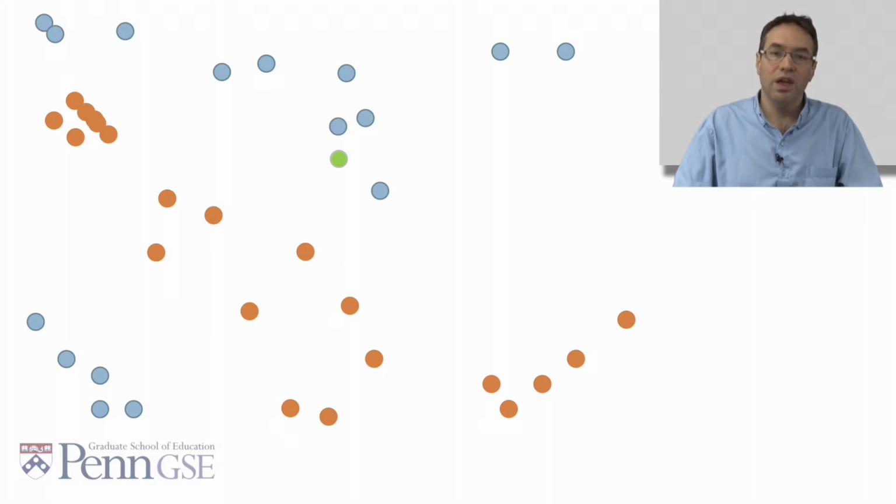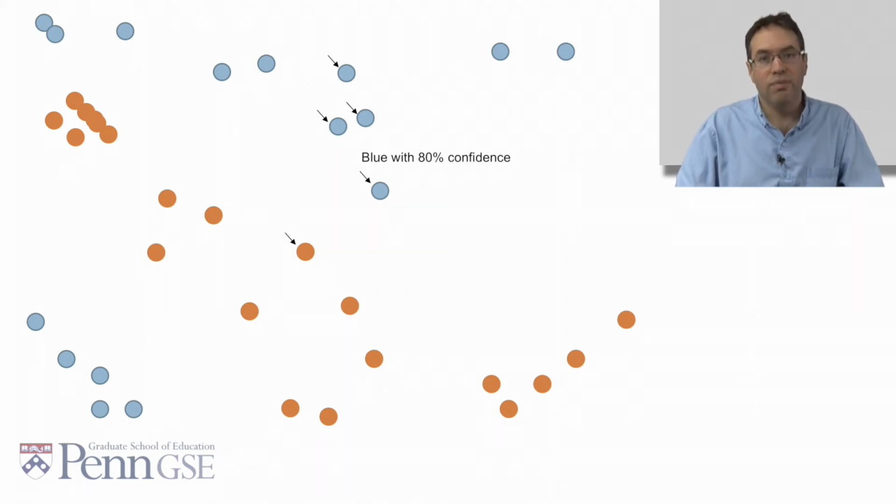So this is K nearest neighbor with 5 neighbors. We're going to look at the 5 nearest neighbors, which turn out to be these 5 data points. 4 of them blue, 1 of them orange. So what do we say? We say it's blue with 80% confidence, because we have 4 out of 5, 80%. So this data point is blue.